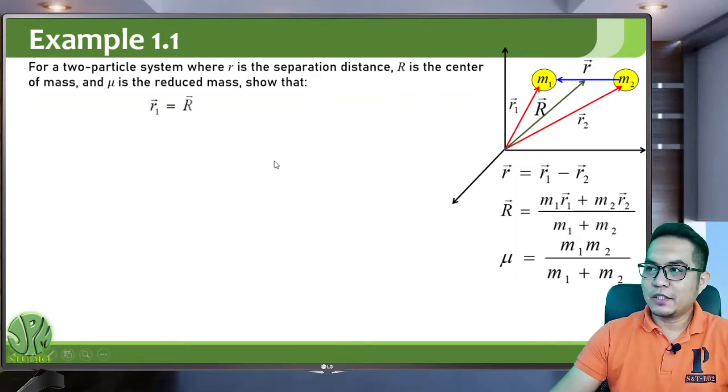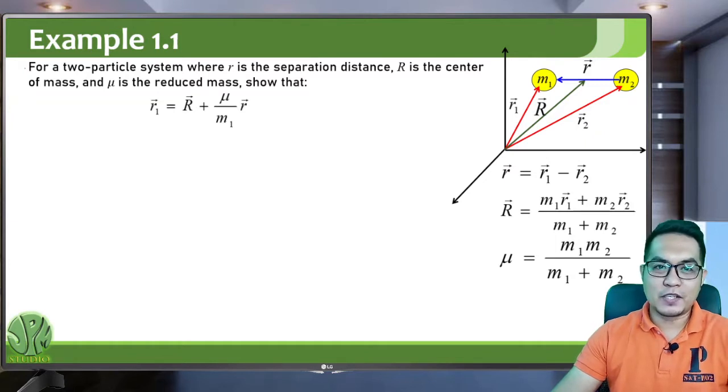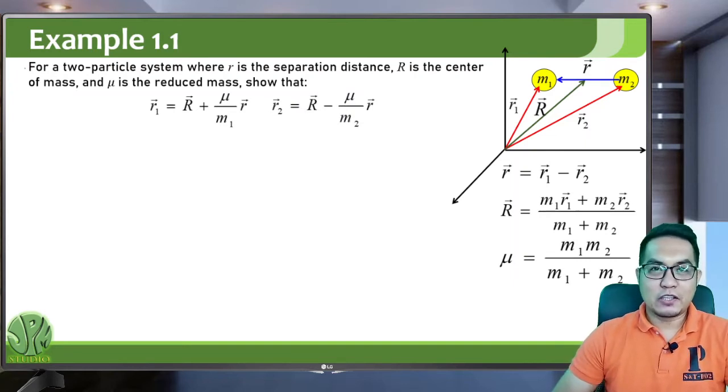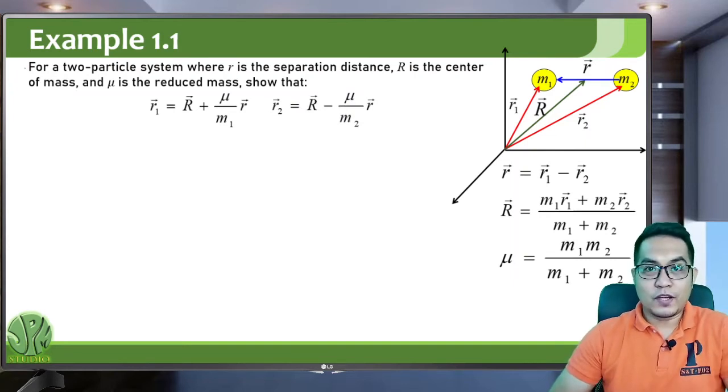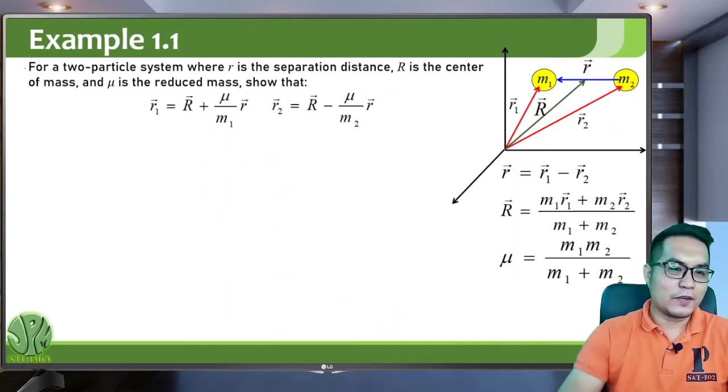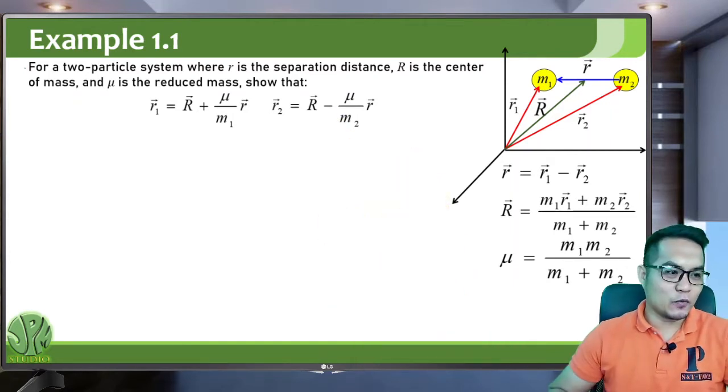You need to show that we can write R1 and R2 in terms of the separation distance and the center of mass. The capital R is the center of mass, the small r is the separation distance. I will do the first one and leave the second one to you.